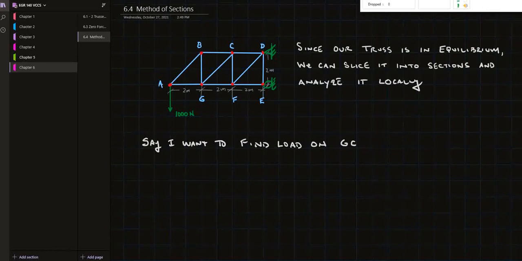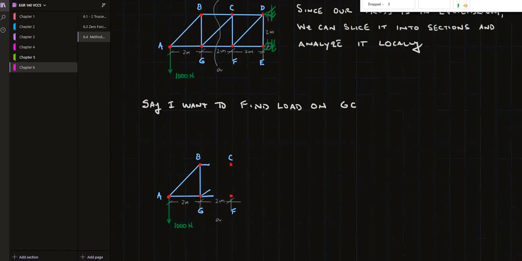Well, I can take a slice here of our truss, say section AA, and redraw our truss with the forces on the portion that I've cut here, but the rest of this, these members are cut, and I'm just going to represent in this free body diagram here the forces.